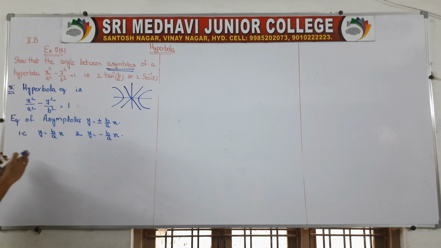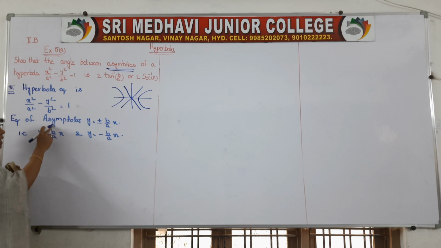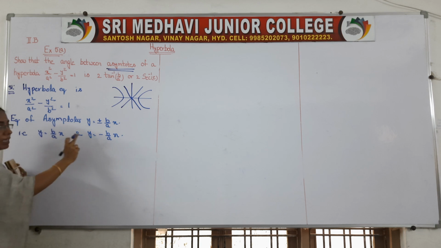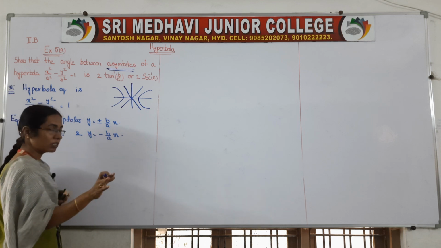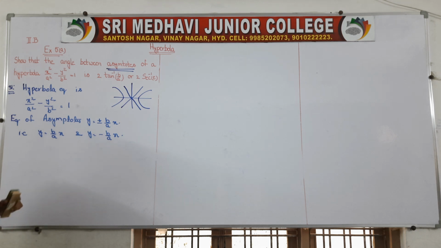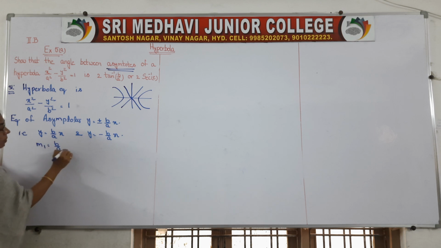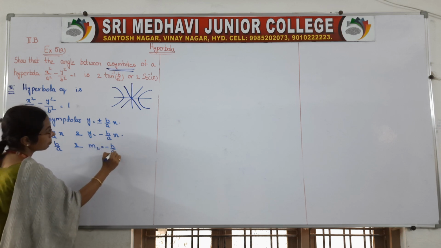Two lines are there, so to make the difference I will take m1 and m2. So here m1 is equal to b by a and m2 is equal to minus b by a.